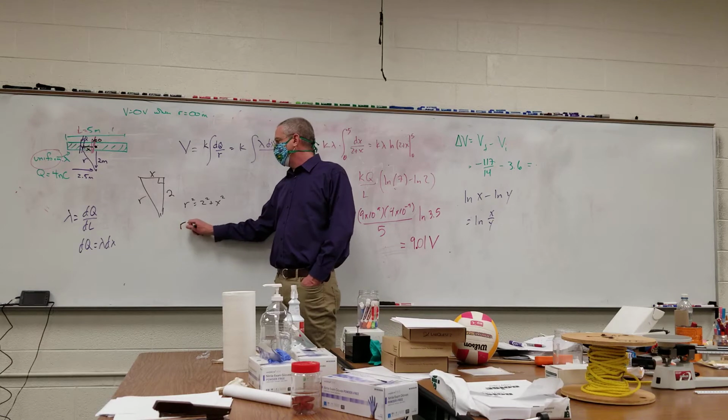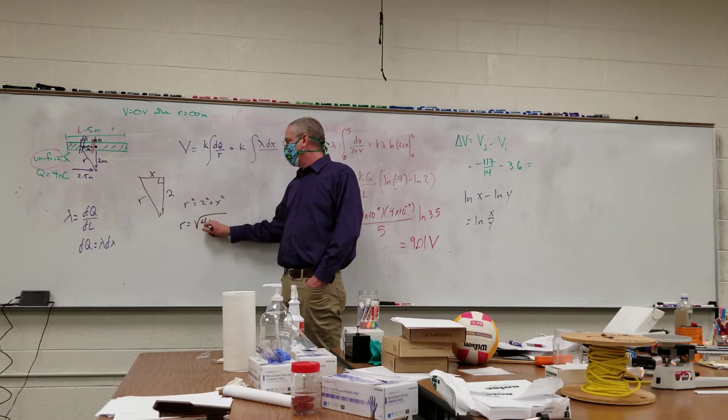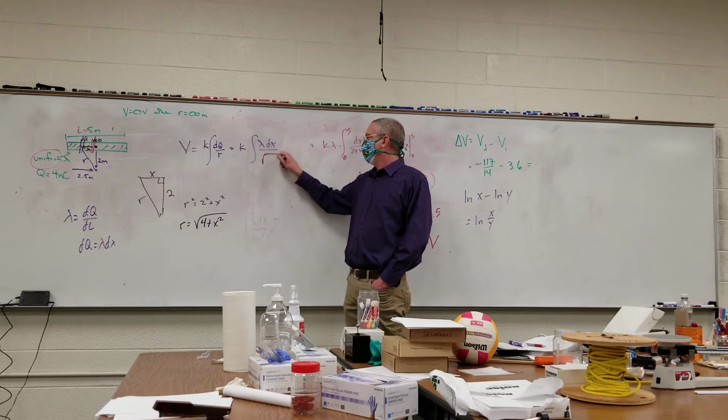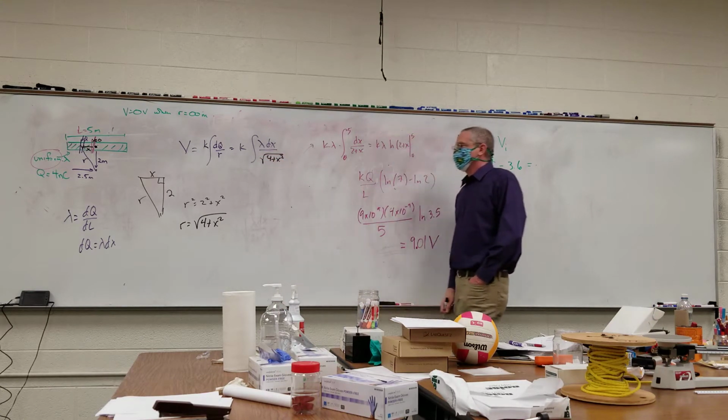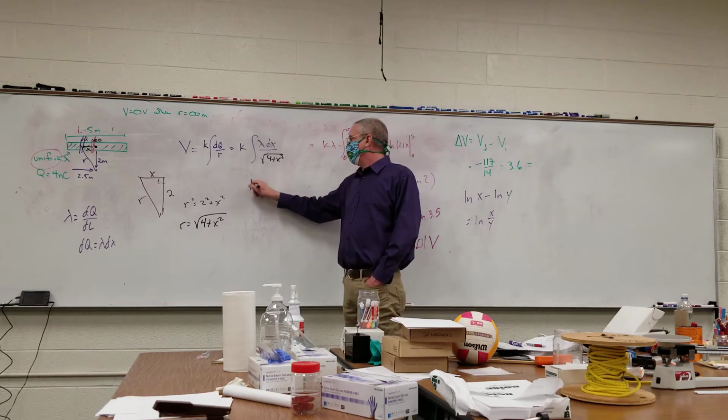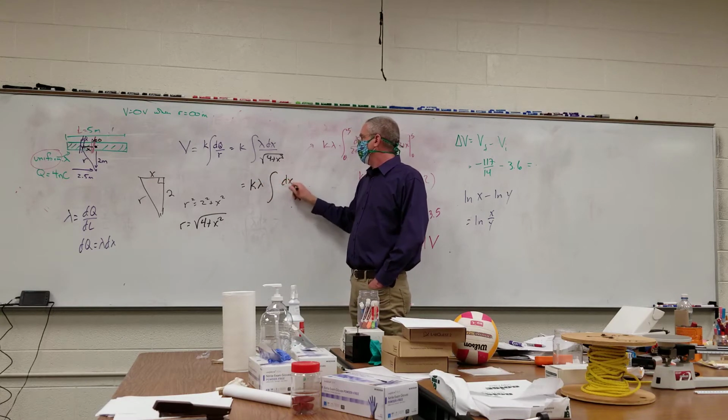So r is the square root of 4 plus x squared. We pop the lambda out, so we have k lambda times the integral of dx over the square root of 4 plus x squared.